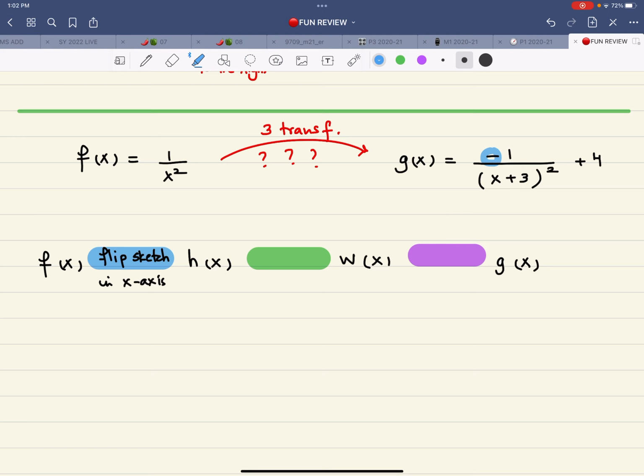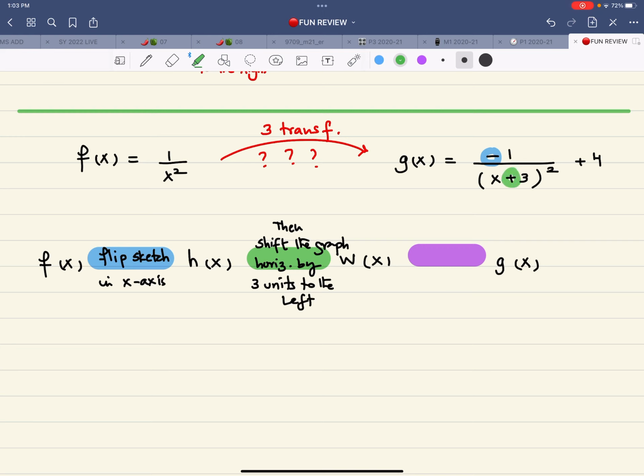What is the next step? The next step is to shift the graph horizontally by 3 units to the left, because now it's a plus sign. So since it's a positive sign, you are shifting it to the left.